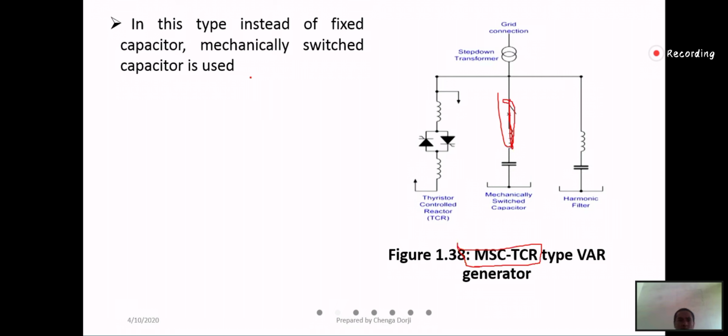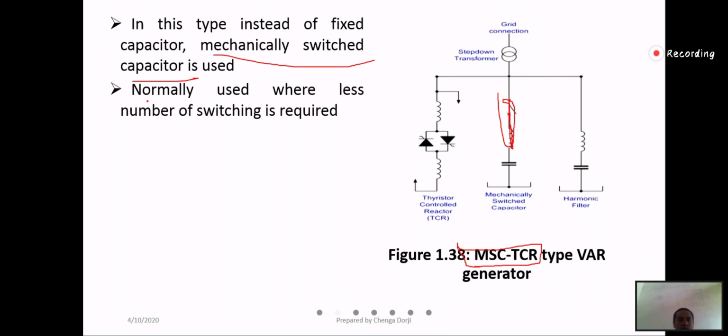Now in this type, a mechanically switched capacitor is used. This type of generator is used where fewer switchings are required. If more switchings are required, then we usually prefer the first one above or the third one, TSC-TCR.